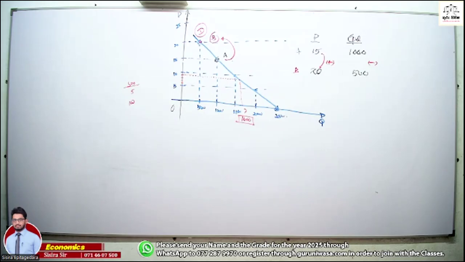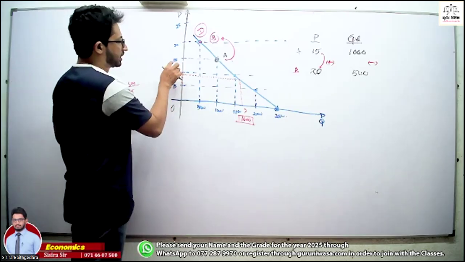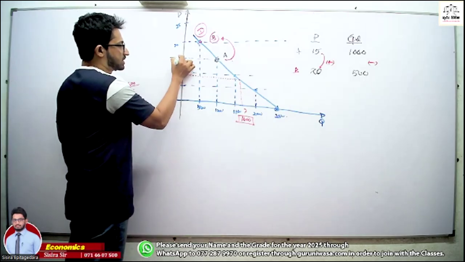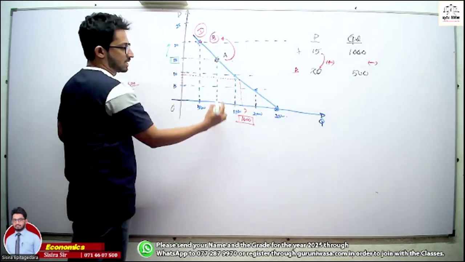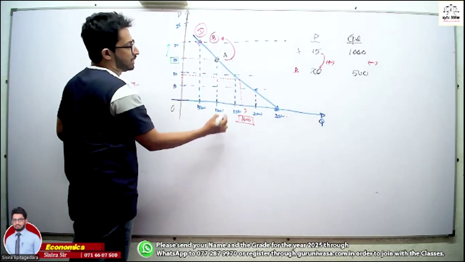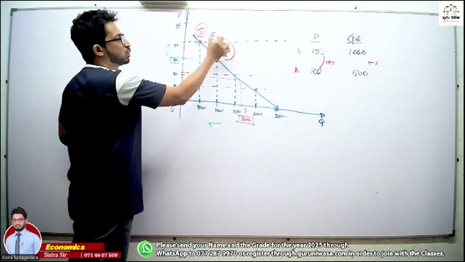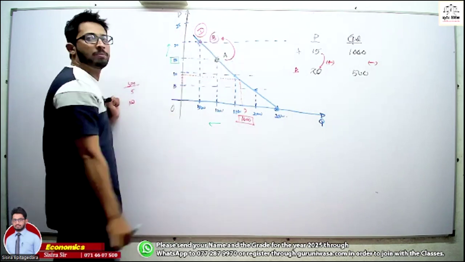Now, Dinal, if price falls from 15 to 10, what happens? Assume this is the original price. I told you that when price rises, demand falls. It means point A is moving to point B.